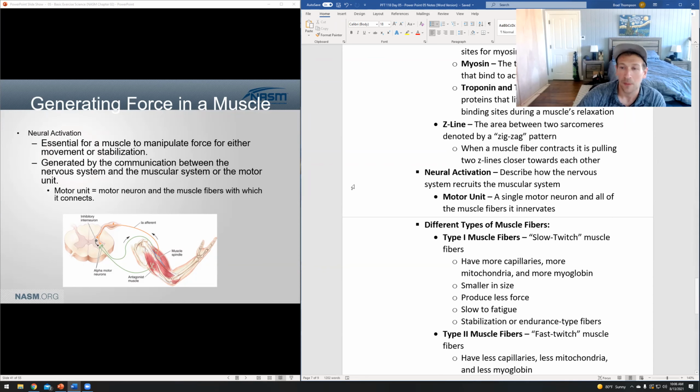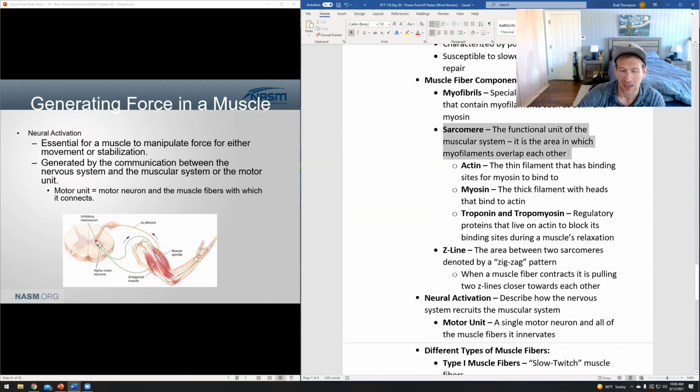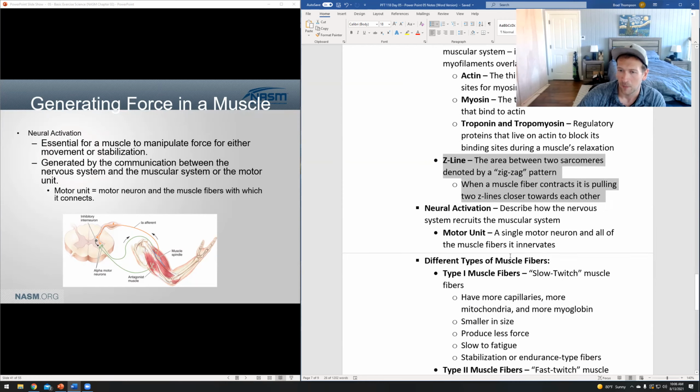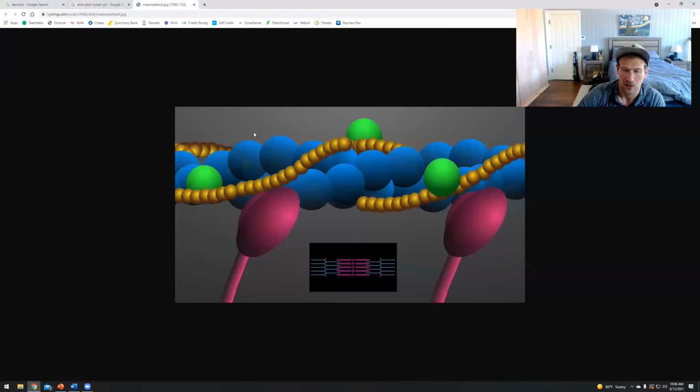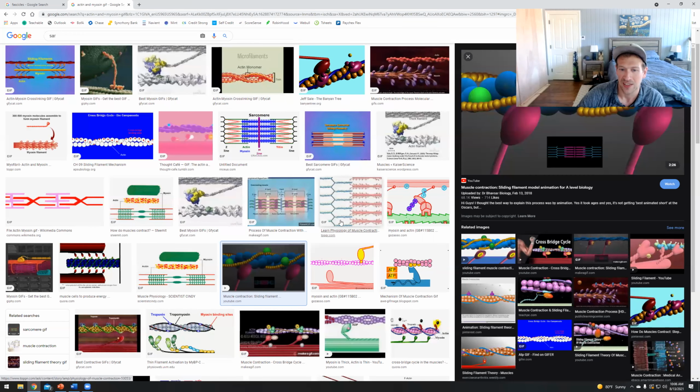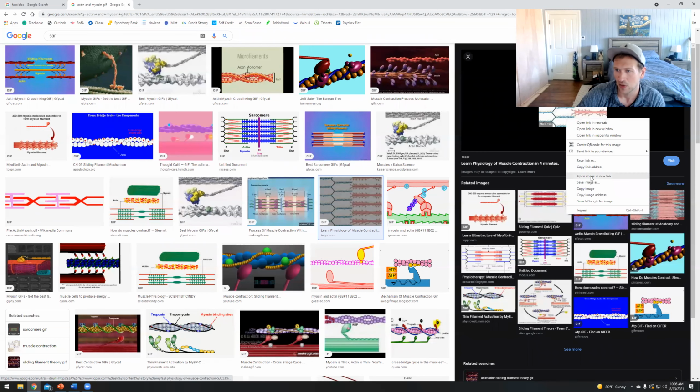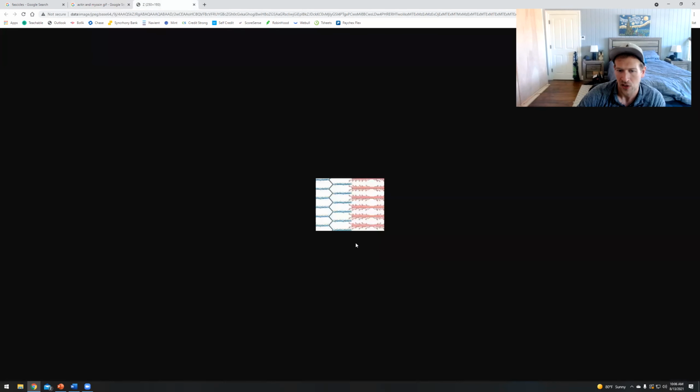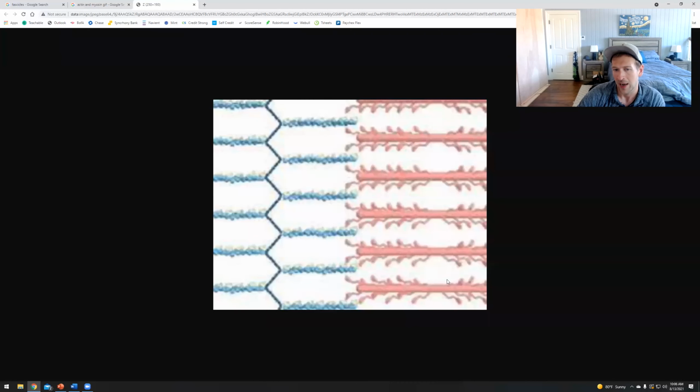And by the way, the area where the sarcomere is kind of overlapping, that area is called a Z-line. And it's where two Z-lines are moving together. So the reason it's called a Z-line is because if you look at the way these sarcomeres are all arranged, this sarcomere on the right is straddling the one on the left.